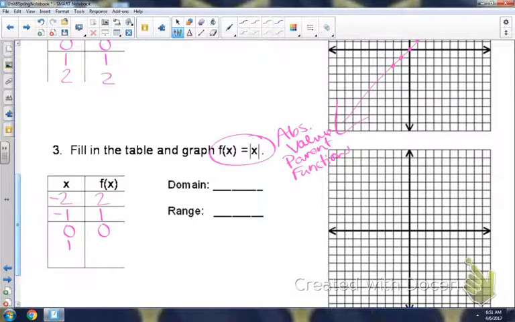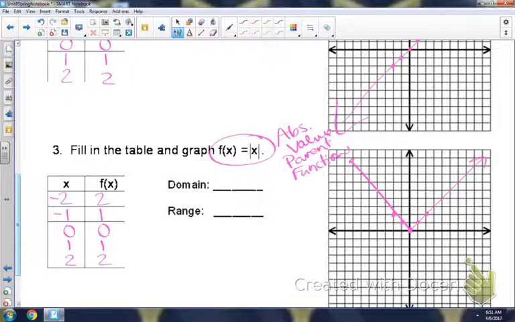If you plug in a 1, you still get 1, and then 2, 2. So if you plot those points, -2, 2, -1, 1, 0, 0, 1, 1, 2, 2. So it's a V. So anytime you have a V on your graph, you know that it's absolute value. You have to know what type of function it is just by looking at the graph.